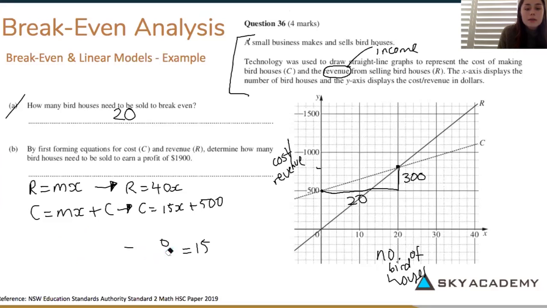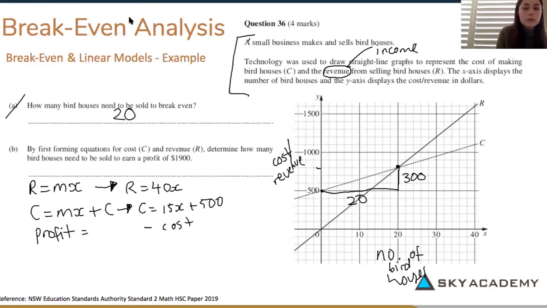I can now determine how many birdhouses need to be sold to earn a profit of 1,900. So we know profit equals income minus cost, and income is just revenue. So I might actually change that to be revenue so we don't get confused.